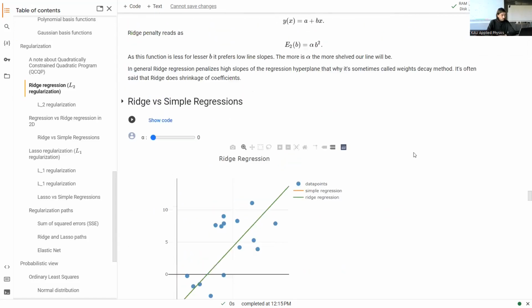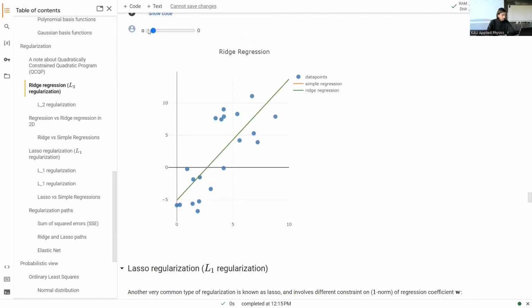Here is an example of how that is performed. Here I have a simple regression line and ridge regression. When I make my alpha bigger and bigger, my regression is more and more suppressed. It still passes through the center of mass, but you see that the slope is getting closer and closer to 0.